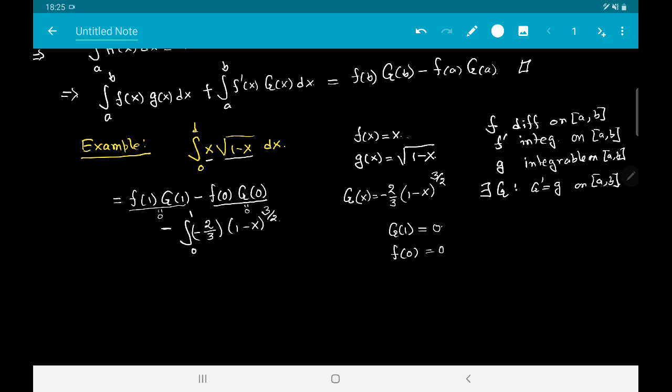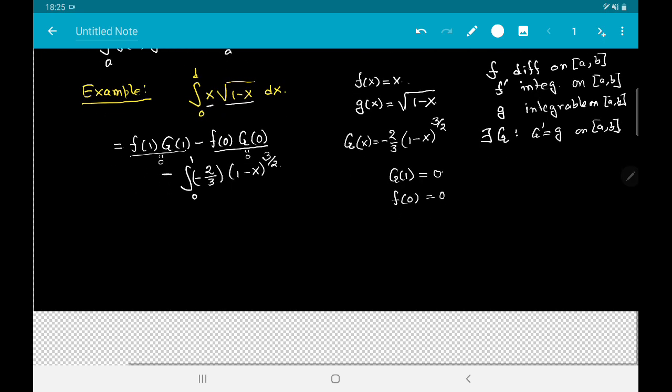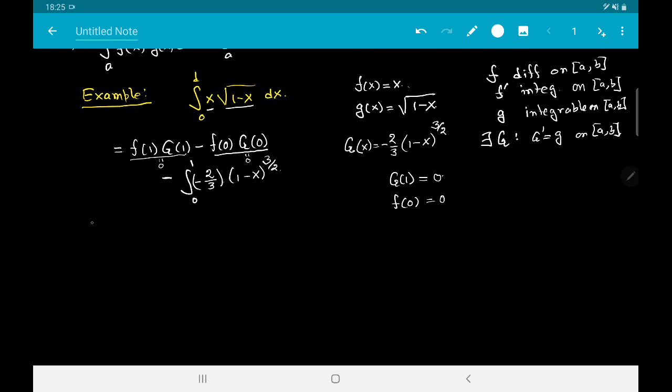This leaves us with the integral that we started with, the integral from 0 to 1 of x times (1 minus x) dx, is equal to, I can take 2 by 3 out, the integral from 0 to 1 of (1 minus x) to the power 3 by 2 dx.